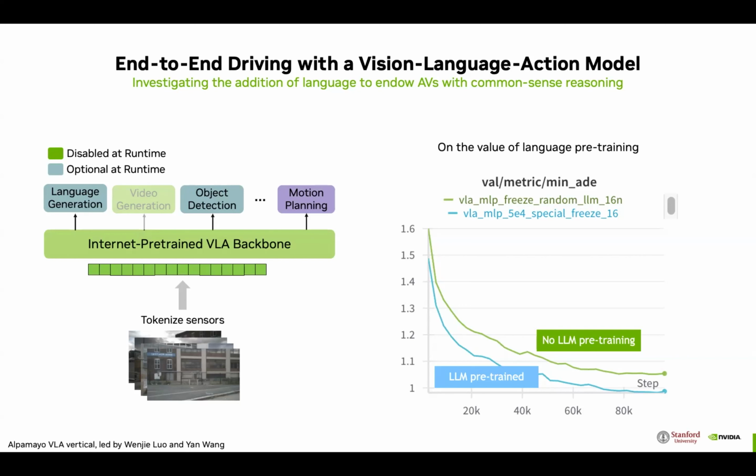On the right plot, I'm showing the training curves for a model that does not use language model pre-training against one that leverages a backbone that is pre-trained on language generation. And as you can see, the blue curve, the one that leverages LLM pre-training, converges faster and to a better steady state.